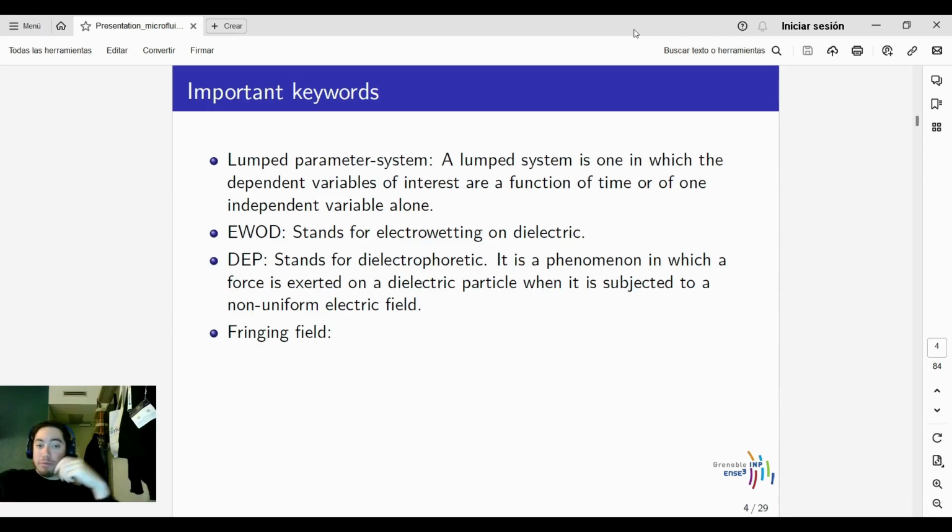We might not be familiar with these cases, because so far we have studied cases where the electric field that is generated is constant.